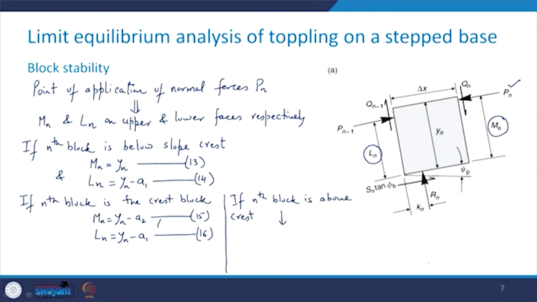Then in this case what will happen? This Mn will become equal to Yn minus A2 and Ln is equal to Yn. What are these A1, A2? Everything you have with you, and you can refer to the first figure of this lecture which I have already shown to you.